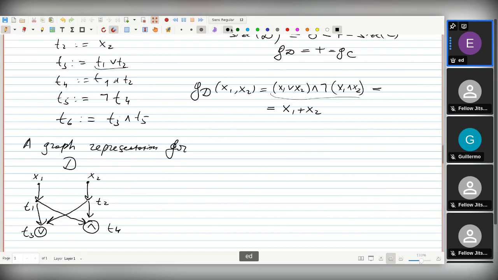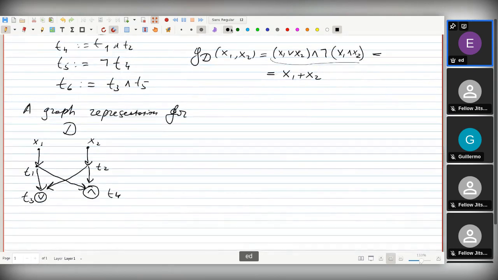So T4 is just the conjunction of the same T1 and T2. Look, it is possible to reuse one value many times. This reusing is the most important feature of Boolean circuits, which makes them stronger than other obvious formalisms. Okay.